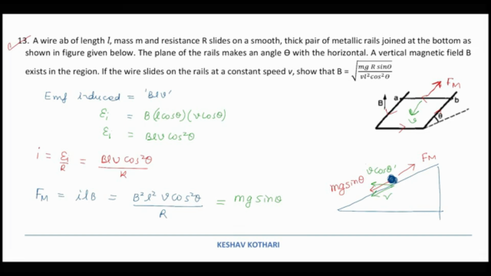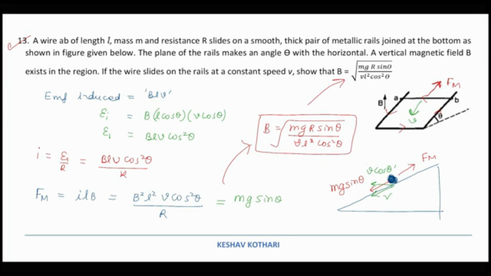The value of magnetic field will turn out to be B, which is equal to the square root of mgR sin theta upon V L square cos square theta. So we have proved this expression. So let us move to the next problem.